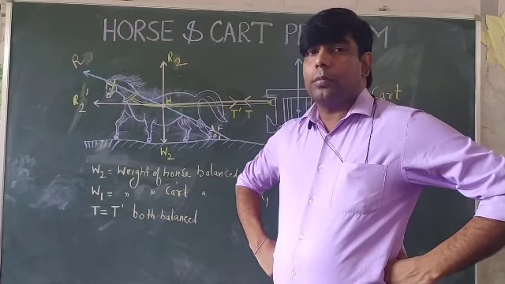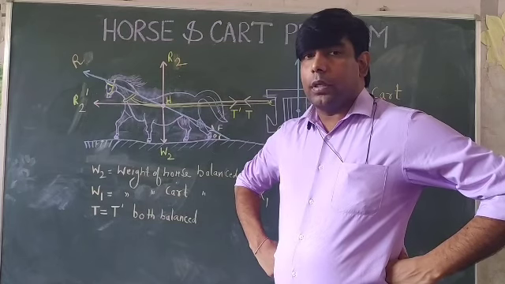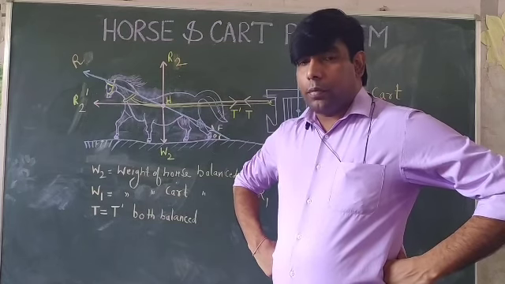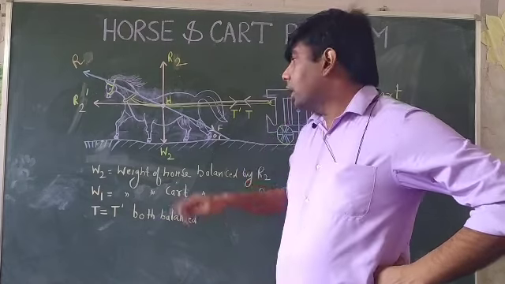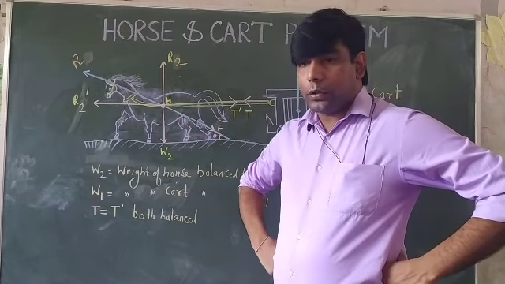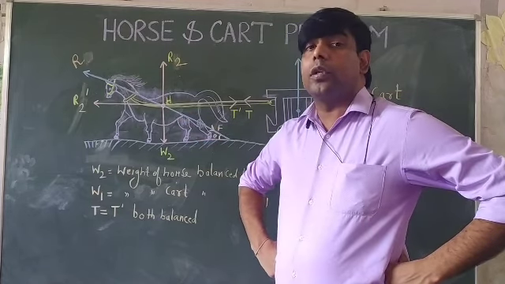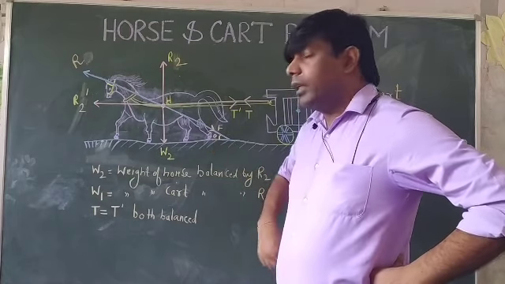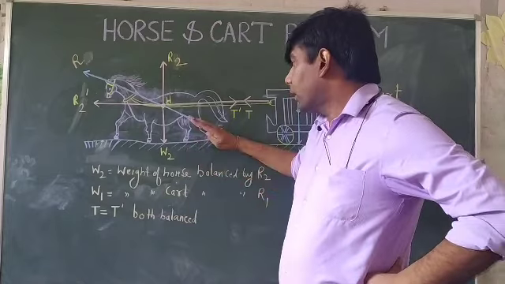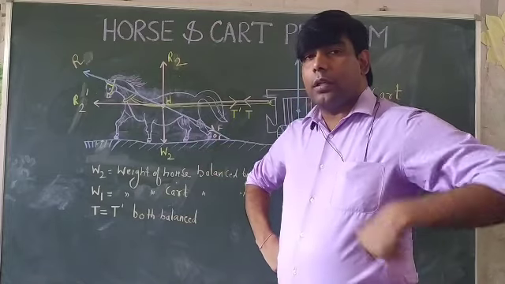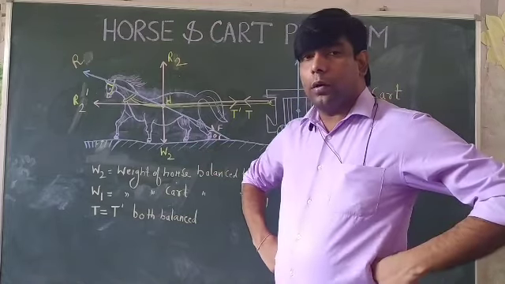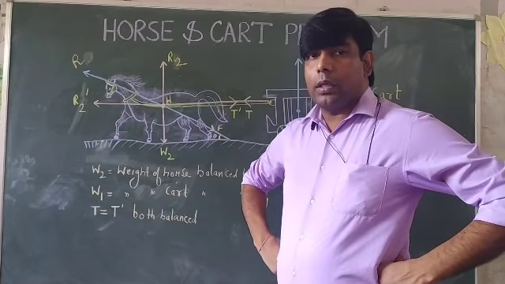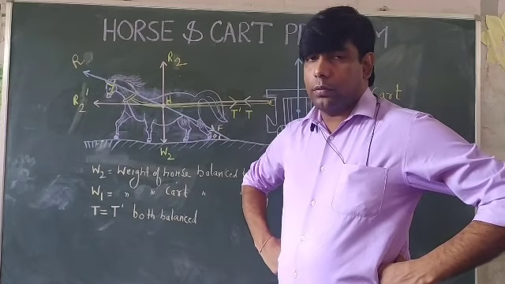You will distribute 20 rupees each, dividing 100 into 5 parts. Similarly, vectors also have rules for division. If the vector quantity is inclined at some angle theta, then we divide it into two components. Always remember, one along the vertical, the other along the horizontal.